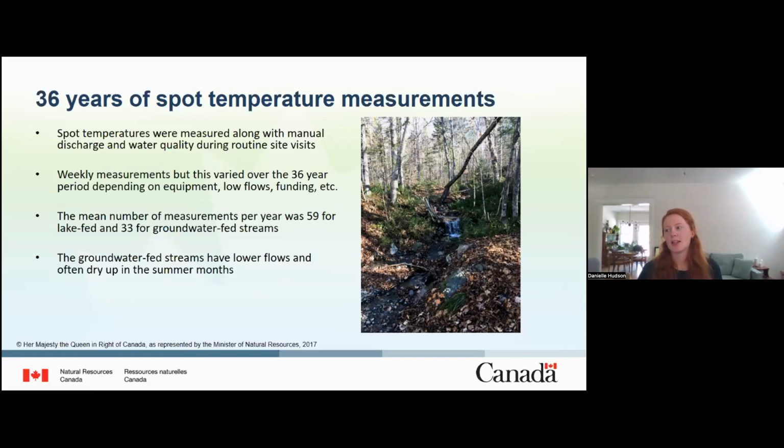Sometimes they didn't get out there weekly due to things like equipment, low flows, funding, etc. And there were times during snowmelt periods where they were able to visit daily. All in all, the mean number of measurements per year was around 59 for the lake-fed streams and 33 for the groundwater-fed streams. Another thing to note is these groundwater-fed streams are quite small. One of them is shown in this image here, and they often dried up during the summer, which plays a role in having a smaller sample size there.